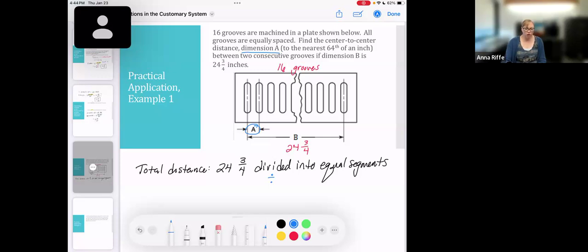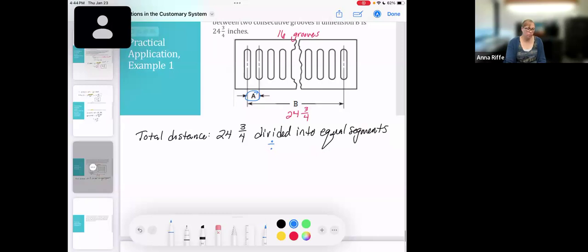One precaution for these types of problems is we want to think about what we divide by. We can note here, for example, let's say I have these 2 grooves, and we want to think about how many spaces are in between those 2 grooves. There's only 1 space. Similarly, if I think about these 4 grooves, and we consider how many spaces are in between those, there's 1, 2, 3 spaces between those.